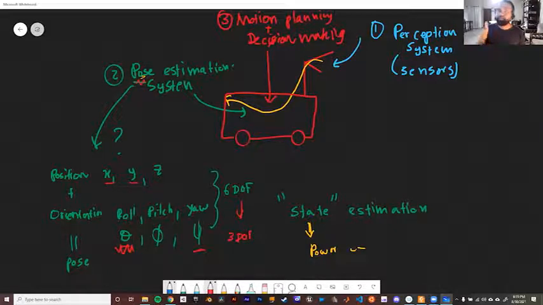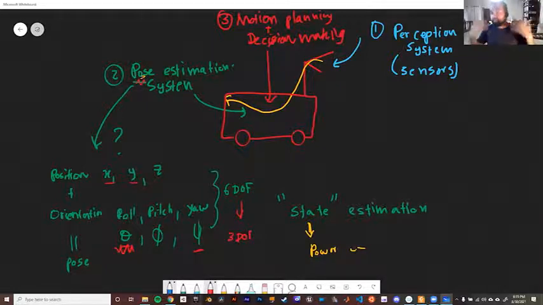Once it does that, it can plan multiple paths, and then a decision has to be made which path to follow. So that's the third important system in a robot, and it's more of a high level system. This is where more intelligence is required and decision-making schemes need to be put into place.